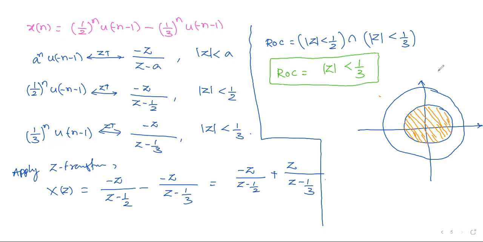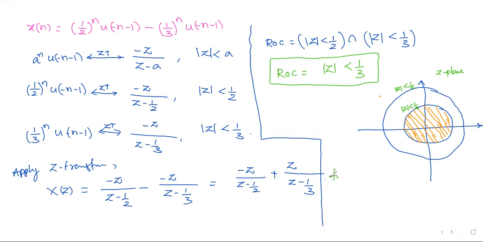So here you need to write the z plane, and mod z is less than 1/3. Mod z is less than 1/2. Or we can say the mod z equal to 1/2 circle, and the mod z equal to 1/3 circle. Here it is. Now this is the left-sided signal. What will the ROC become?